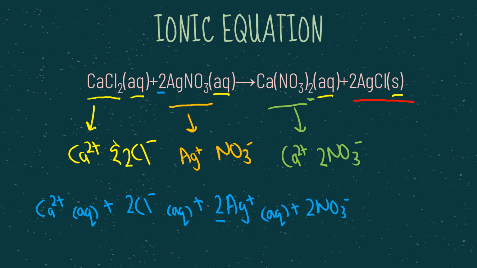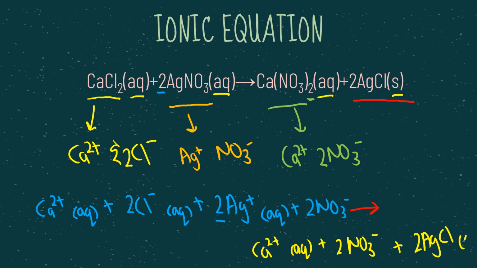This gives us Ca2+(aq) + 2NO3-(aq) + 2AgCl(s). We can see that this is the only one that didn't change into its dissociated ions.